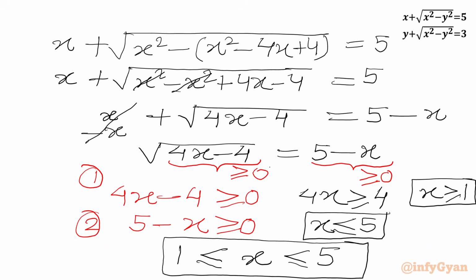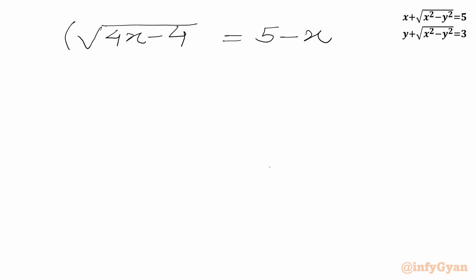Now we'll be squaring both sides. We will write square root of 4x minus 4 equal to 5 minus x, and we'll square it. Now square root and square will get over from LHS, and we'll be using the a minus b whole square formula in RHS.